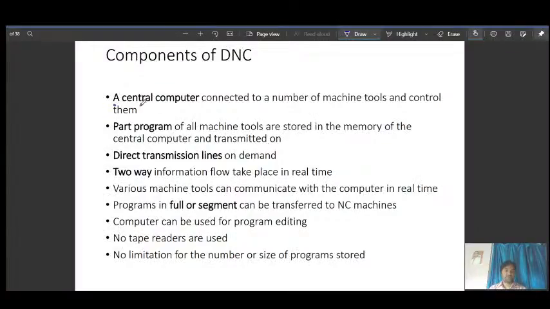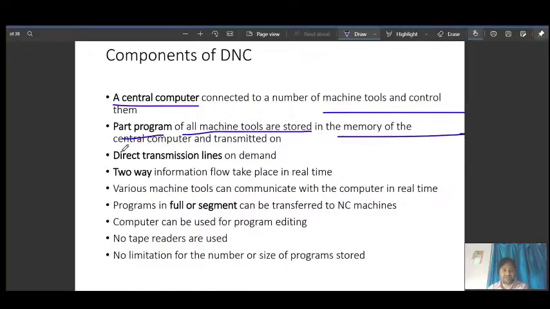So the central computer is connected to a number of machine tools, and the control part programs of all machines are stored in the memory of the central computer. Obviously, there is a direct transmission line on demand.